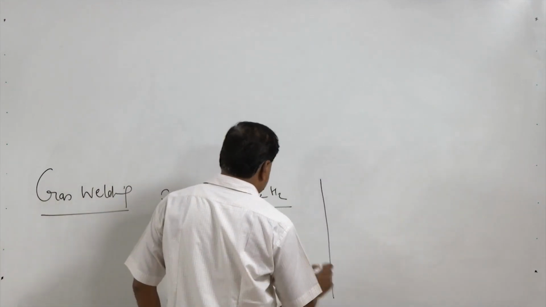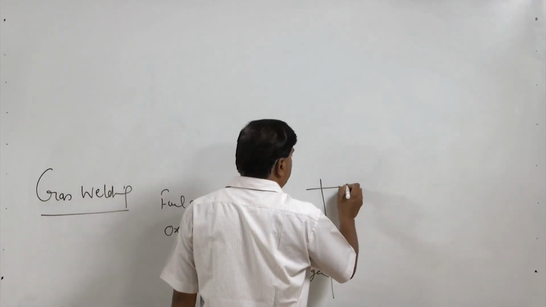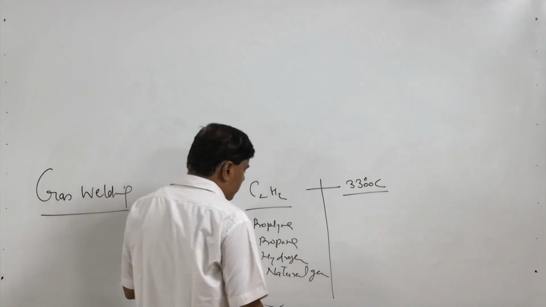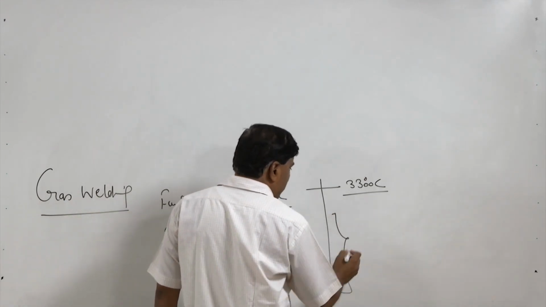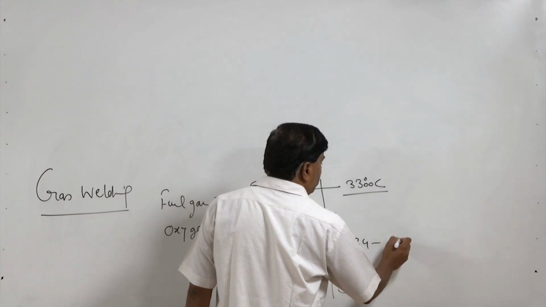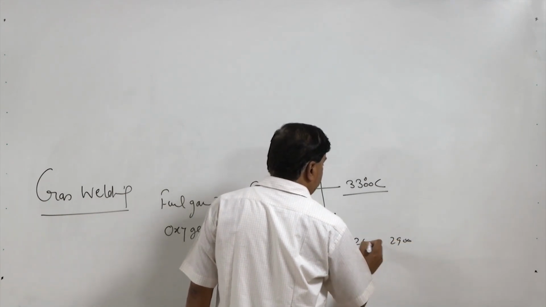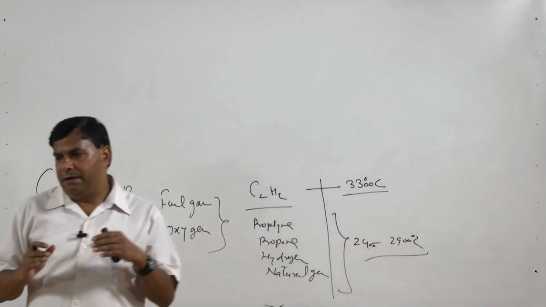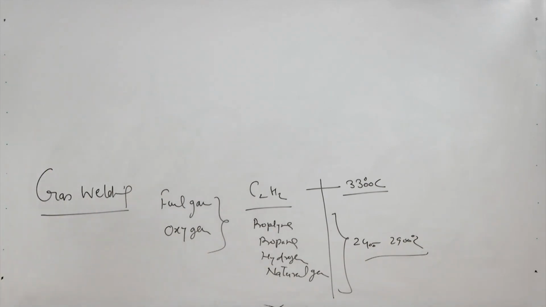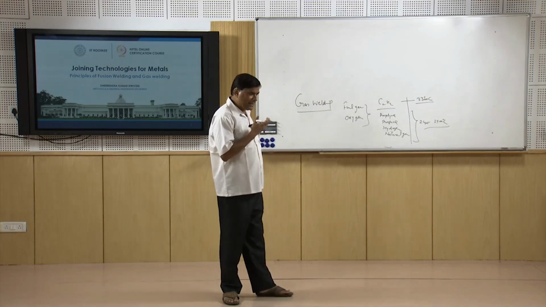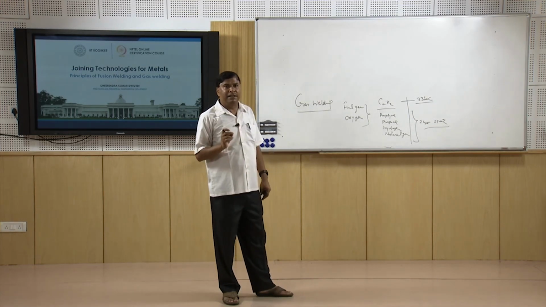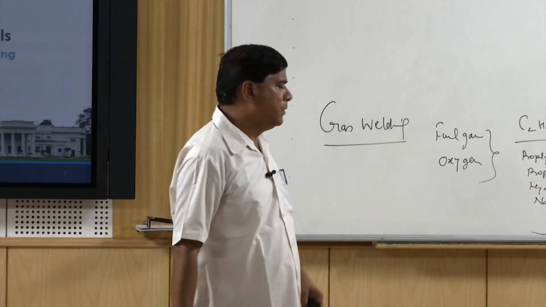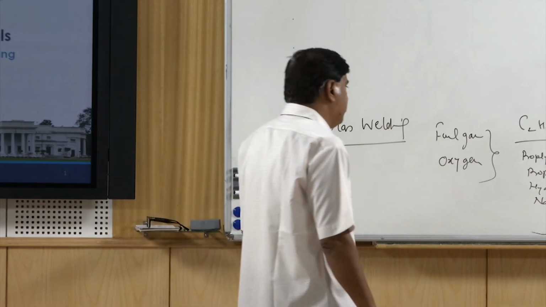However, the most commonly used gas is acetylene, because it produces the highest flame temperature, while the temperature observed in case of the other gases may vary, say 2400 to 2900 degree centigrade, and this lower temperature adversely affects the process capability or the performance of the process, in the sense that it takes long to start the welding, because it should reach the flash point, or it takes really long to start the process and thereafter the welding.